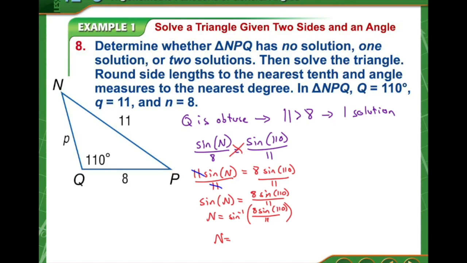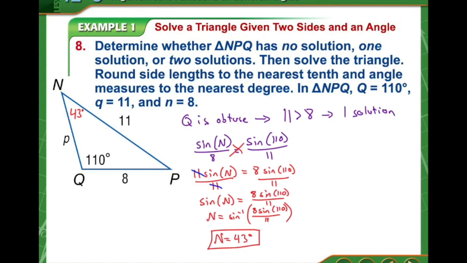If you're not getting these answers, then you should be in degree mode, not radians, and that's probably the problem. And when you plug that in, it says to round the degrees to the nearest degree, so that is going to be 43 degrees. So we've got N now. Now, of course, that is rounded, but we're not worried about the rounding stuff. We're just going to deal with it as we go.